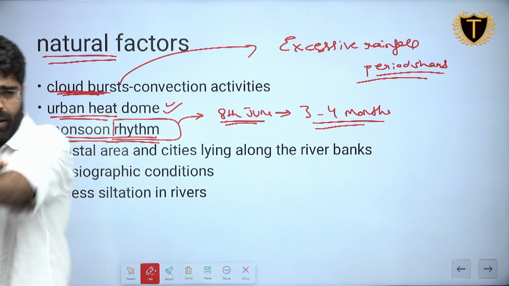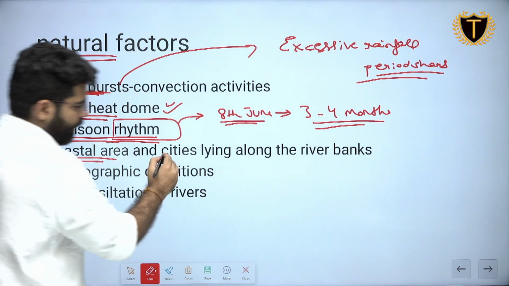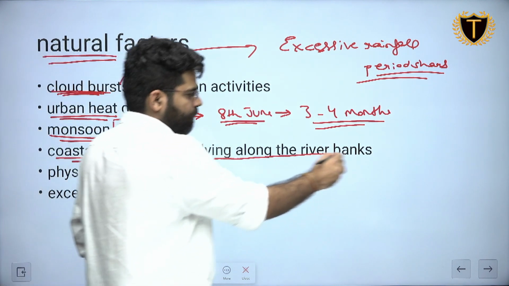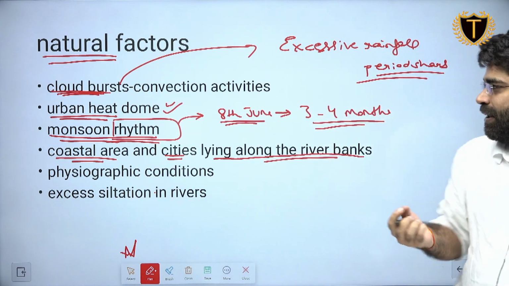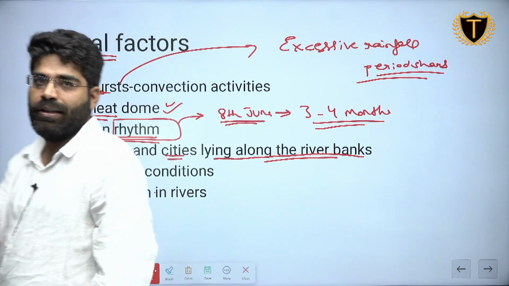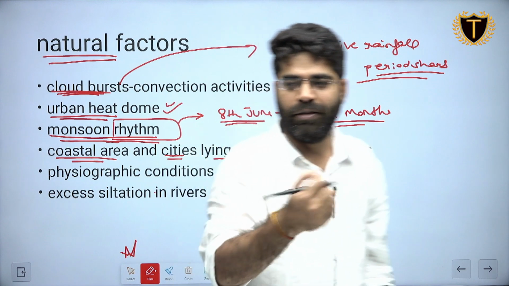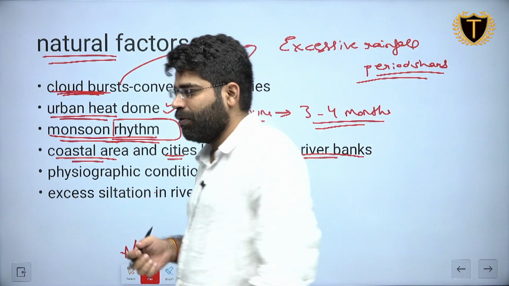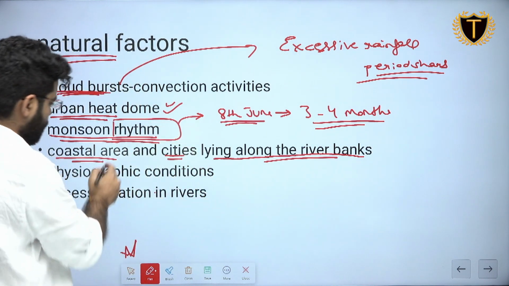Clear hai? Now we see the fourth reason is coastal areas and cities lying along the river banks. You know, there is a common thing between urban floods and the city where they are most likely to happen: it can be on the bank of a river, or on the mouth of a river, or it should be a coastal city.